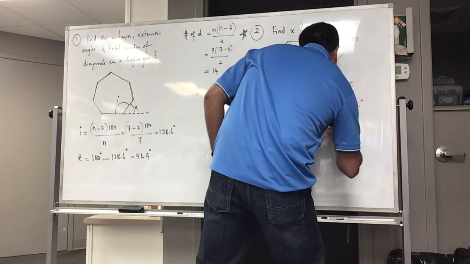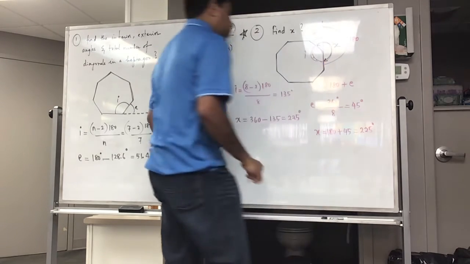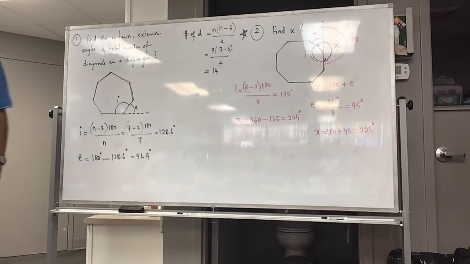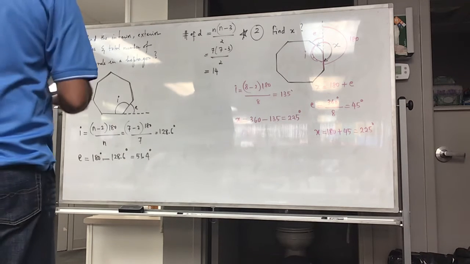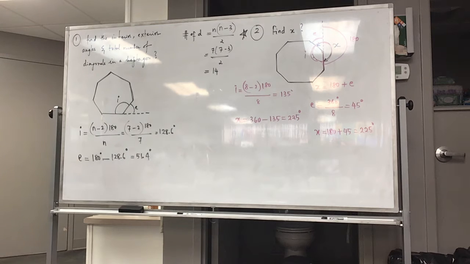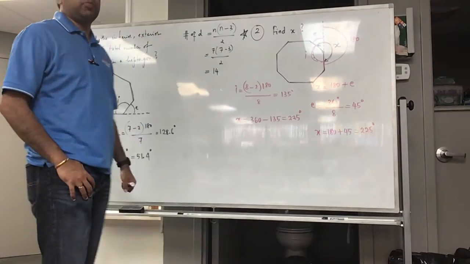So x is equal to 180 plus 45, which is 225 degrees. Make sense? It's up to you which method you would like to do, whatever you're comfortable with. But boy, you should know these. Okay.